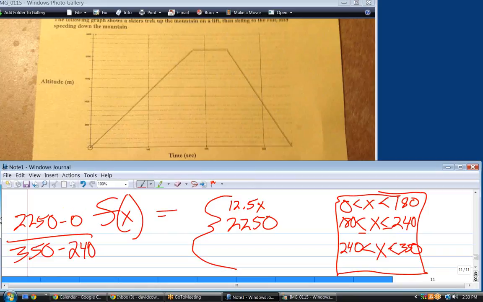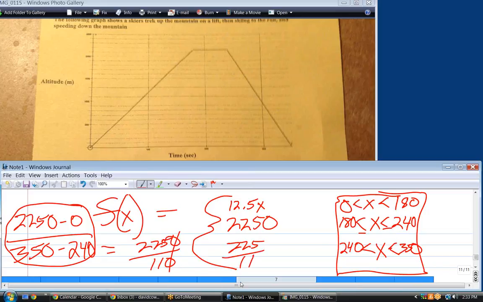Okay, now notice that my sign on that isn't going to be correct. That is 2250 divided by 110. So it's 225 over 11, rather. What's the slope? What should the sign be? Positive or negative? Negative. Okay. There's an x that goes there.